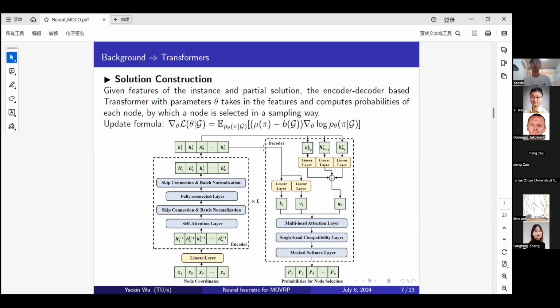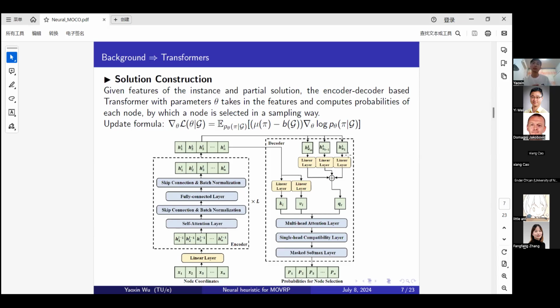And after that, we use this node embedding to do the cross attention. It means we use a linear transformation to process the current dynamic feature, for example, how much capacity is remaining in the vehicle in the current step. So this is the dynamic feature.